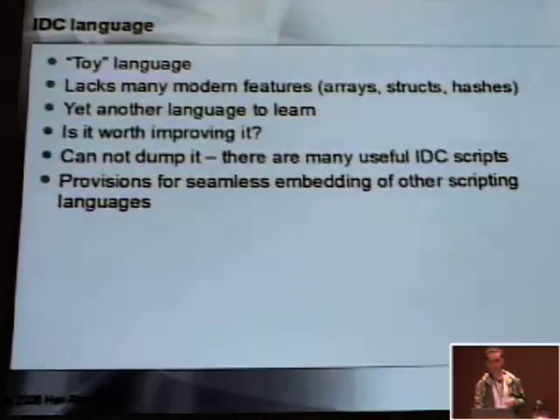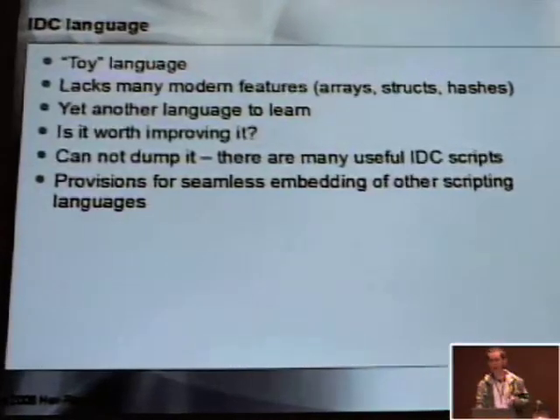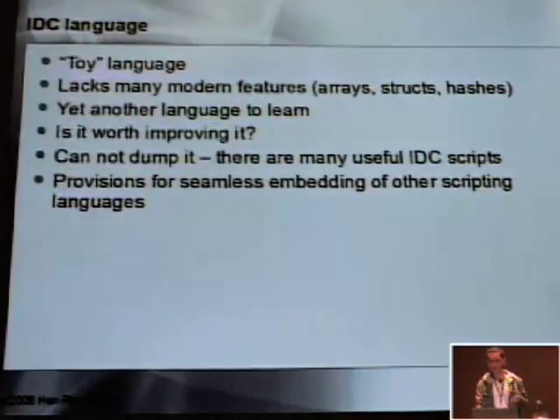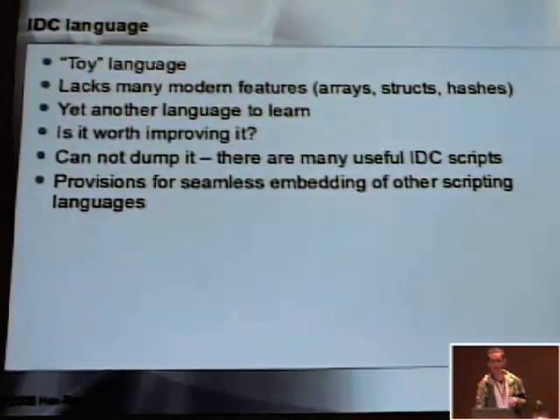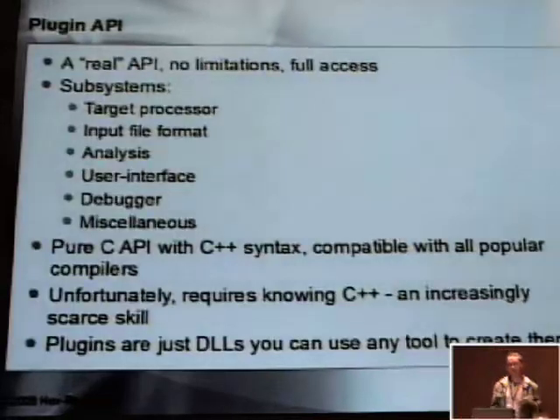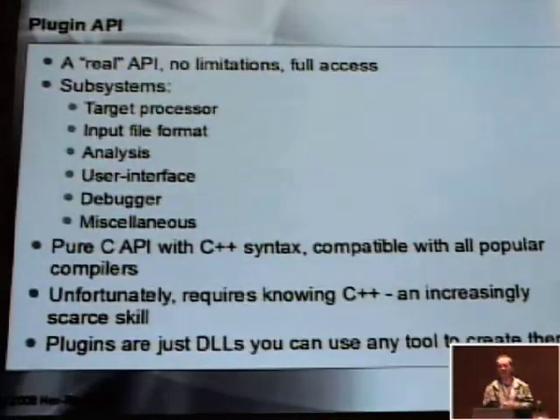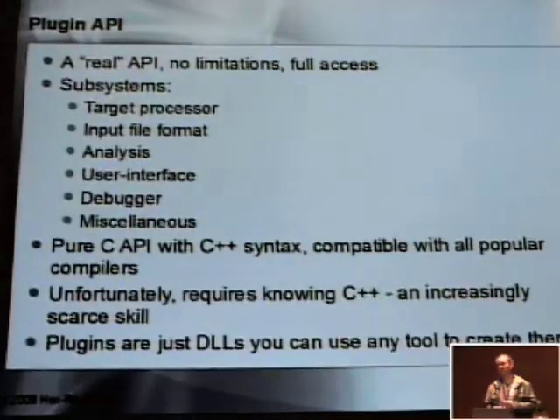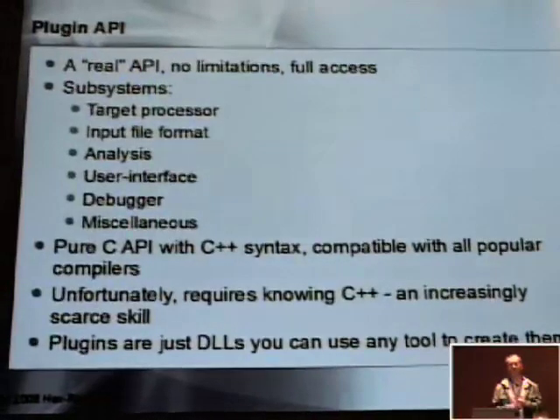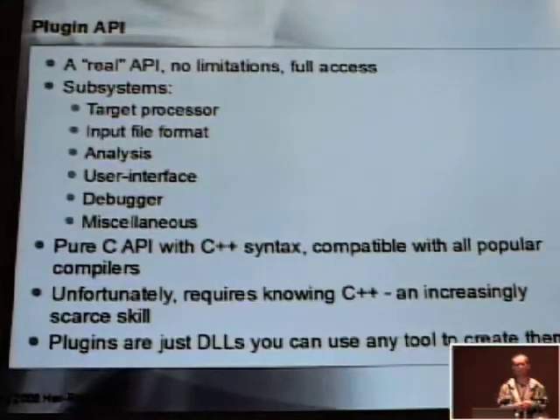So if you are serious about using IDA and reverse engineering many things, you will have to use the real API, the plugin API. I know that many of you say, oh, it's really difficult to write a plugin, you have to learn many things. Yeah, this is correct.